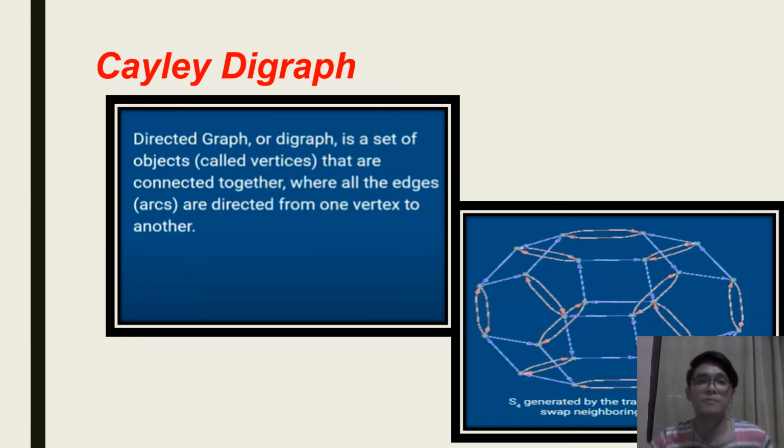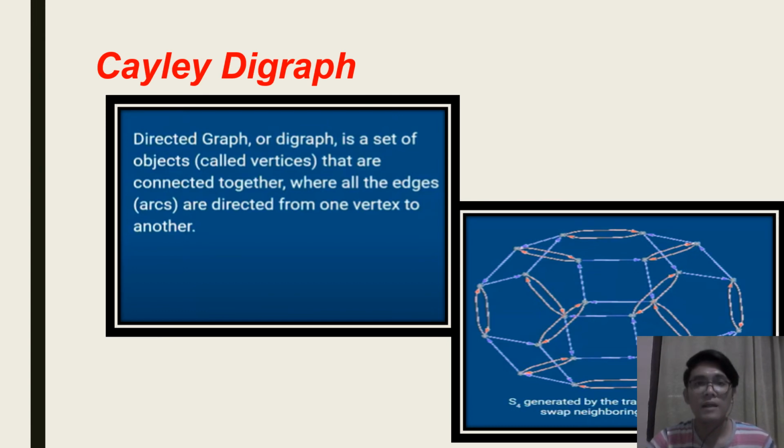These graphs can help track the relationship between elements. The digraph shown here is the Cayley graph of S_4 that is generated by transpositions that swap neighboring elements.